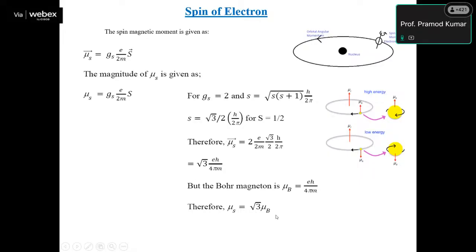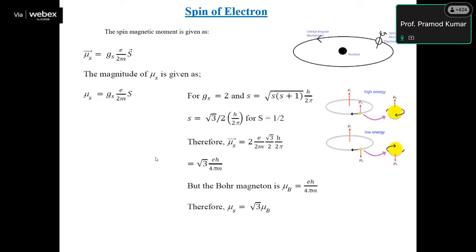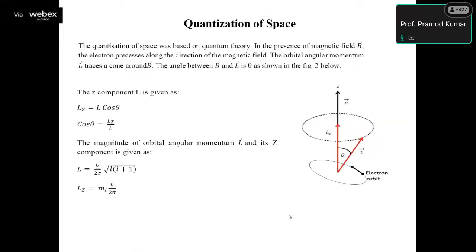So if you look at these two, because we are getting the dipole magnetic moment in two ways. One, when the electron is moving in the Bohr radius. Second, when the electron is also rotating about its own axis. But if you compare these two, then you will find this dipole magnetic moment which comes from the motion of the electron about its own axis is always higher than the orbital motion.